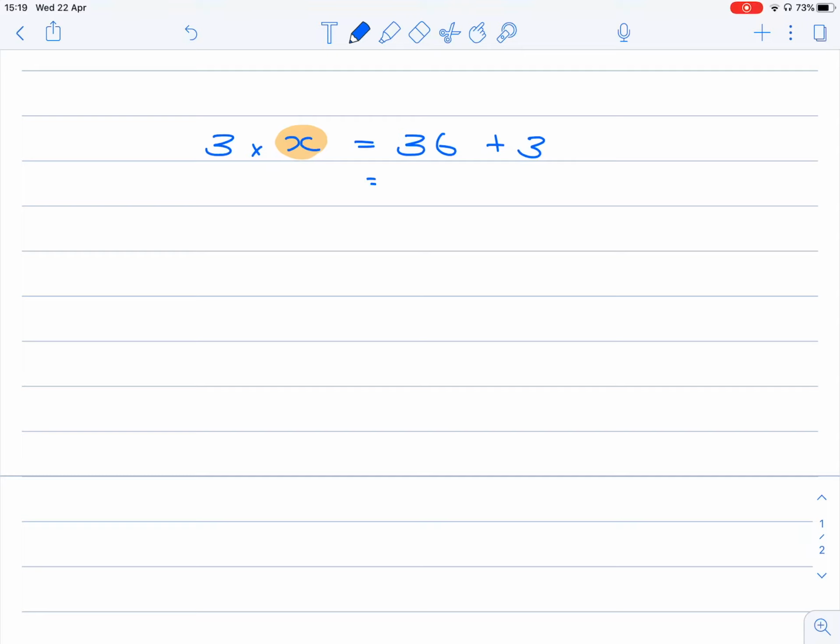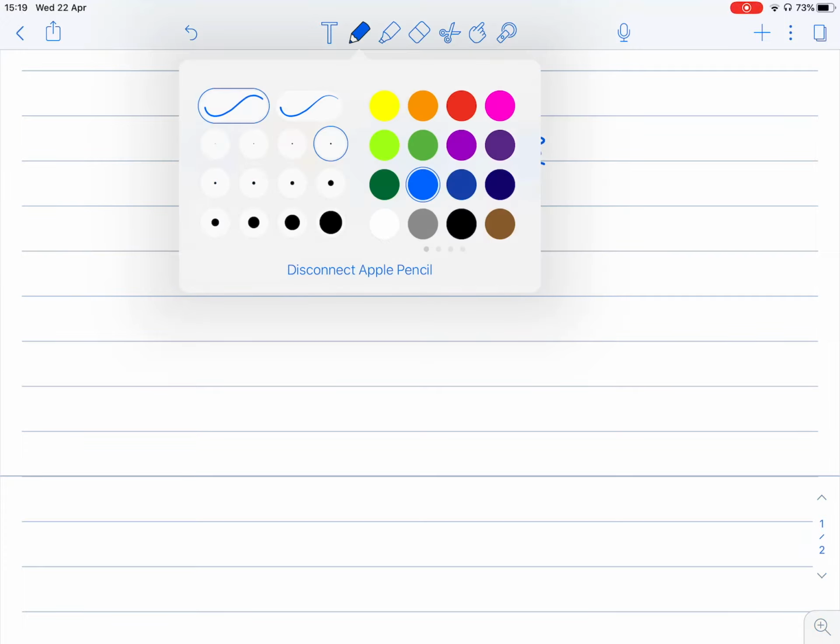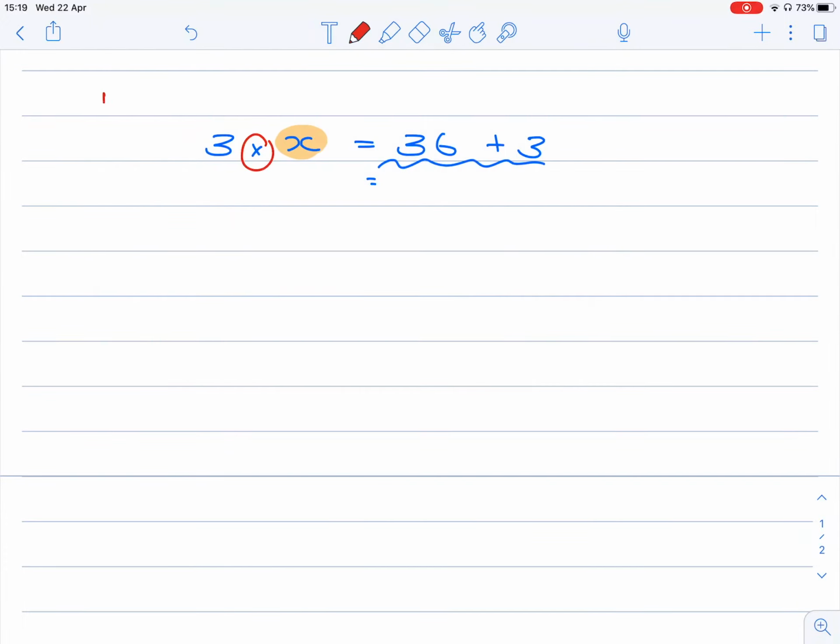My only issue here is that I first need to bring this as one term. The reason is that when we work with times or divide, everything on the other side first needs to be one number before I can take my times or divide across. So if there's a lot of plusing and subtracting, first do that, and at your very last step, break up the times or divide.